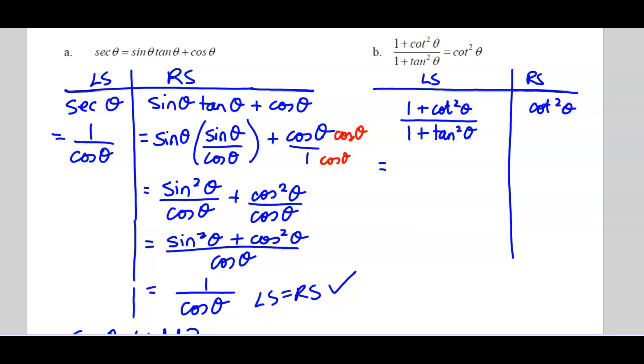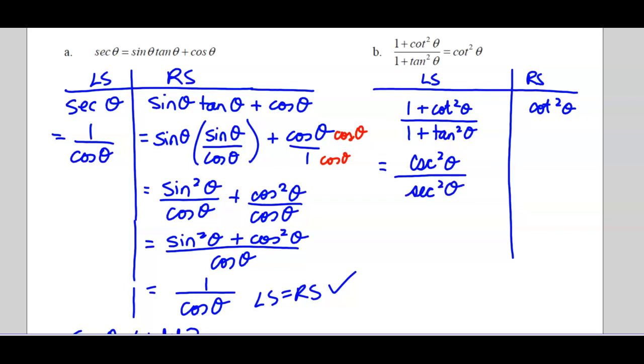Okay, formula sheet. Anytime you see a squared, take a look at it. So, 1 plus cotan squared is there. It's equal to cosecant squared theta. 1 plus tan squared is equal to secant squared theta.